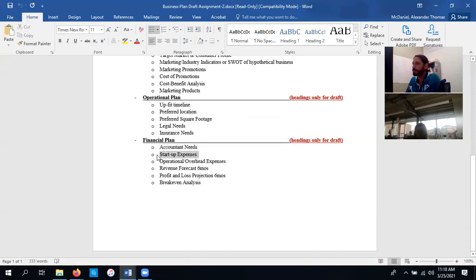Startup expenses. This is just a bullet point list of what you think it would cost to open your facility. Give a few examples here. If you're going to be a PT clinic or have that in the facility, how much does one treatment table cost? Give that as an example. How much does one rehab equipment cost? Give that as an example. If you're a strength and conditioning facility, how much does one squat rack cost?